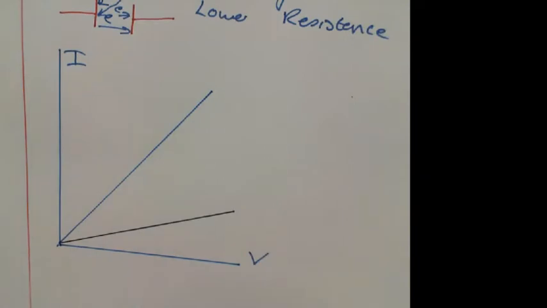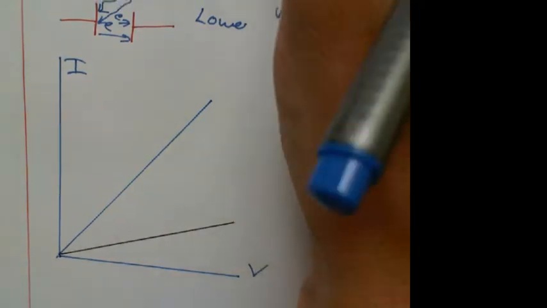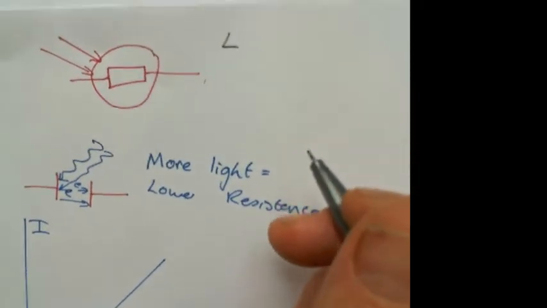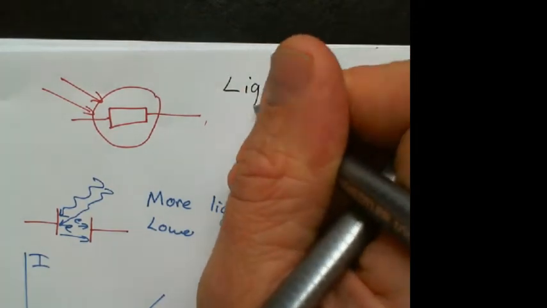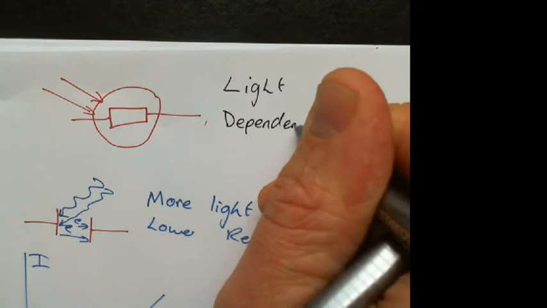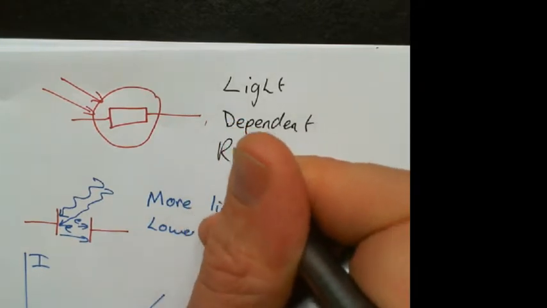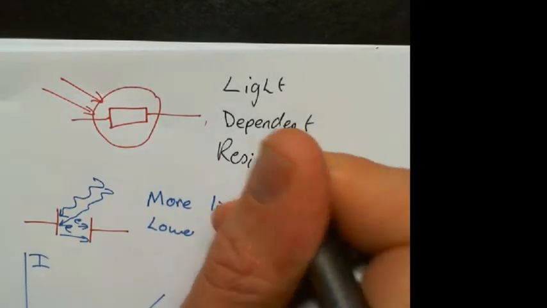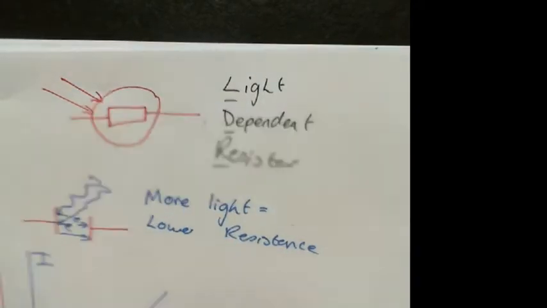So this is the light dependent resistor, LDR.